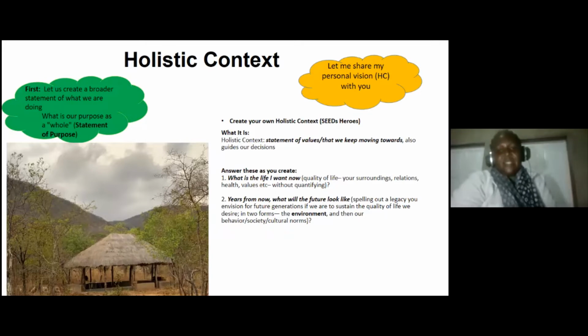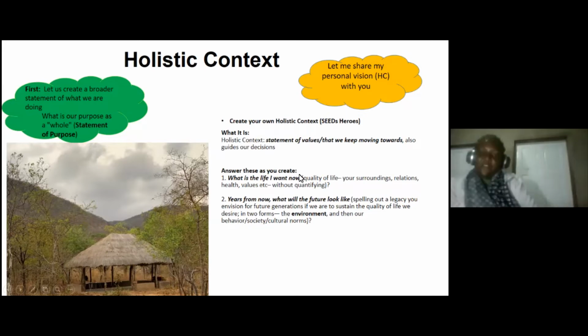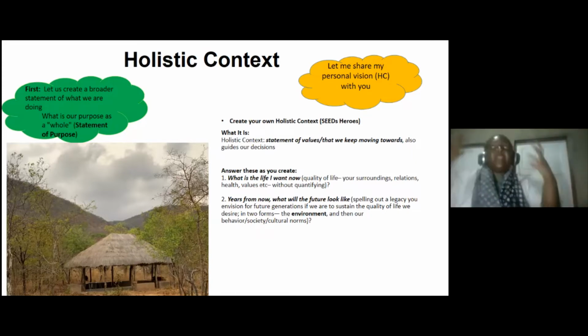You don't necessarily have to do it now because maybe we won't have enough time. A holistic context is a statement of values that helps us make decisions, right? Whatever decision we're making, everything we do as an action, as a family or an individual, must lead me to the quality of life that I've stated.